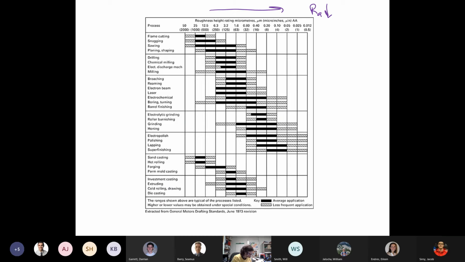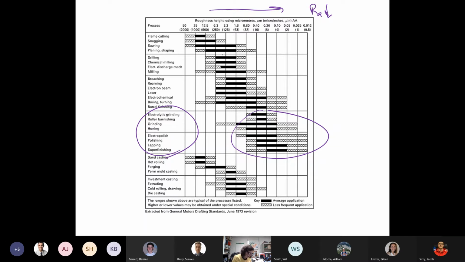We do see that die casting and investment casting certainly give us smaller surfaces. The processes on the really smoother side are predominantly abrasive processes.